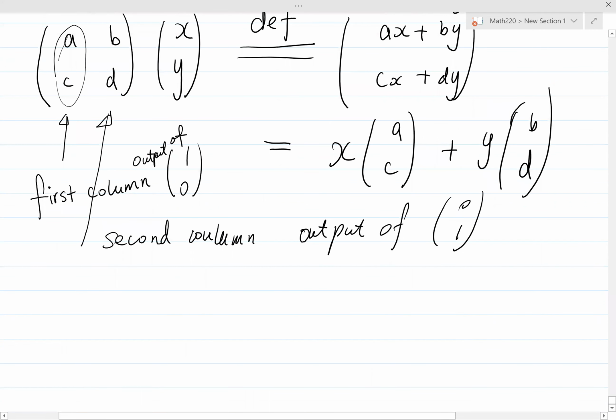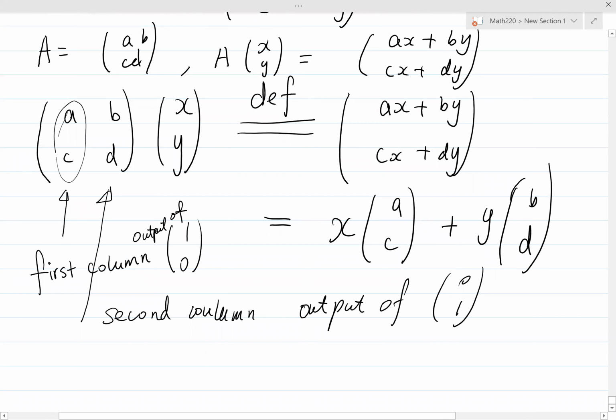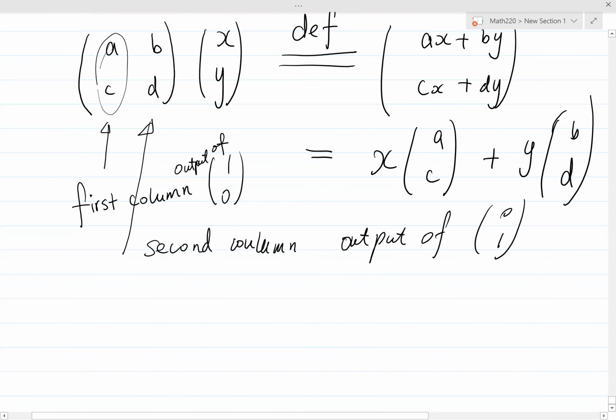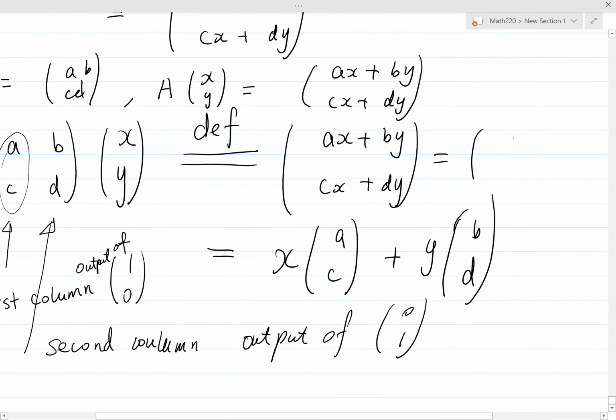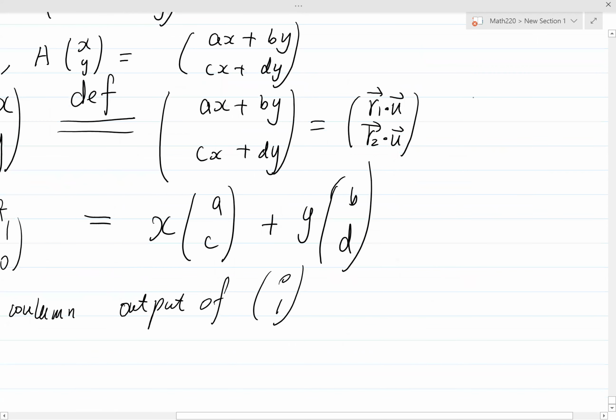You can also write in this form as a dot product. You can write R1 dot product with U, R2 dot product with U. Here R1 is the first row, a, b.